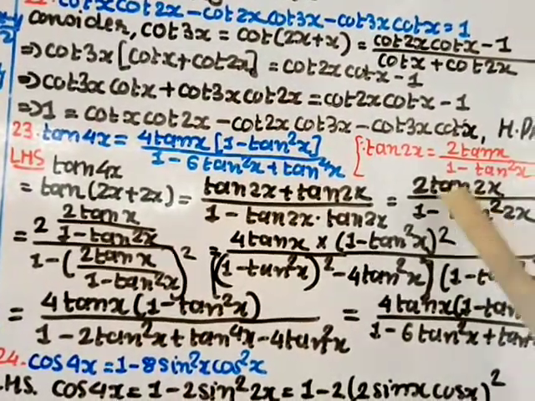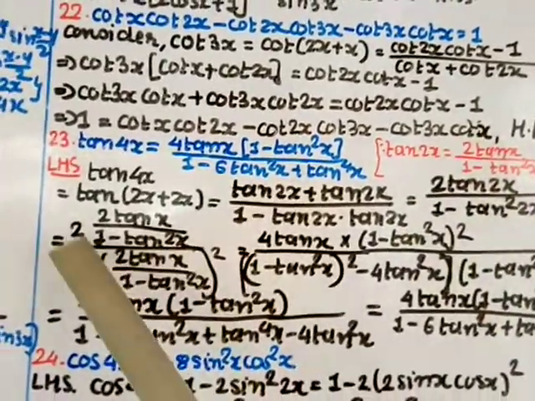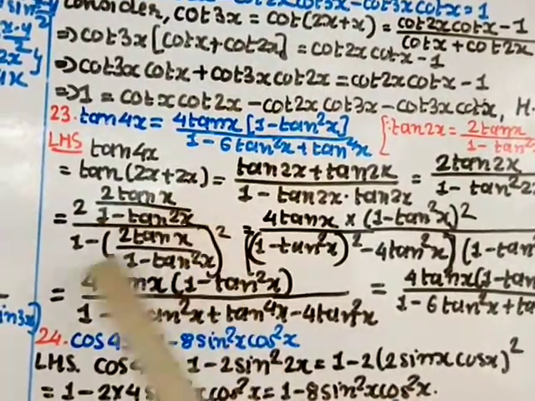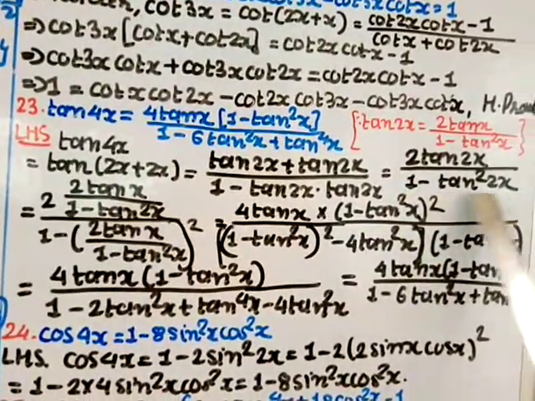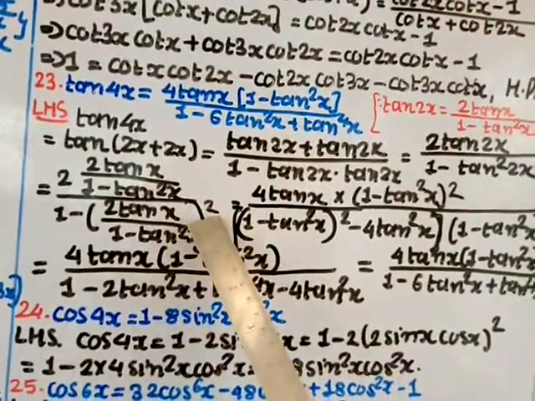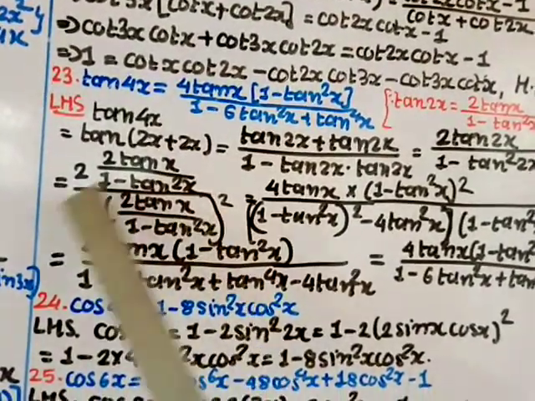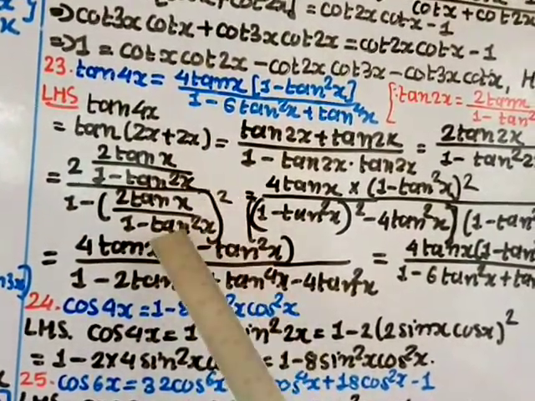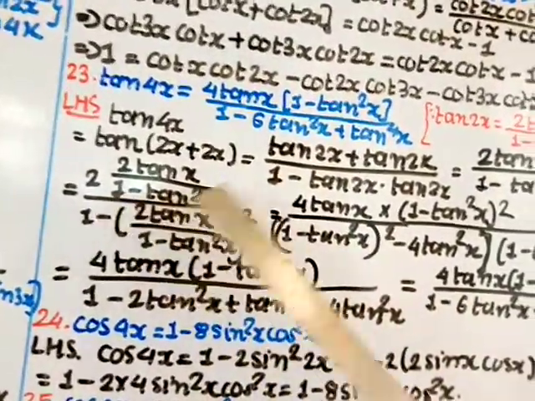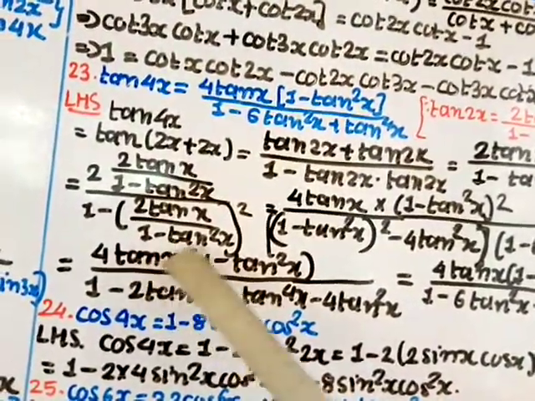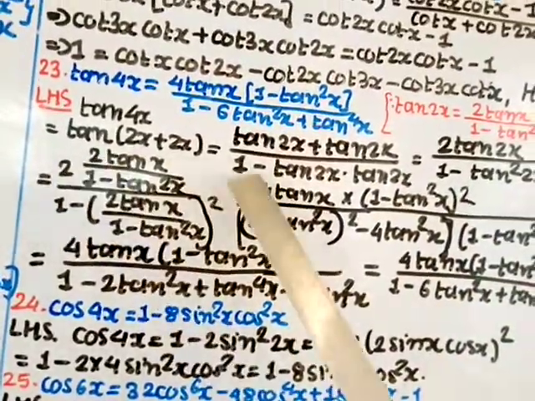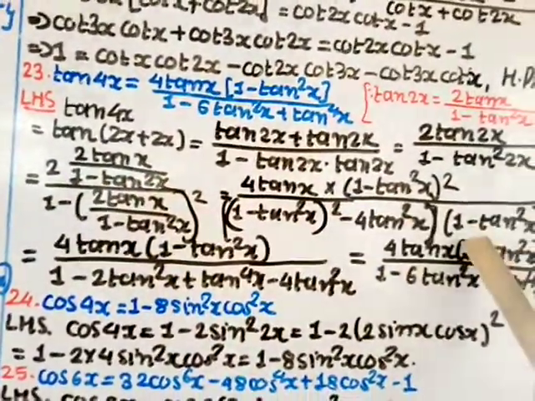Here when you put, the square is there, and here no square. So let us put here 2 times, this 2 is there, and this value 2 tan x by 1 minus tan square x, divided by 1 minus tan 2x squared, so 2 tan x divided by 1 minus tan square x whole square. Now I will take the LCM in the denominator, 1 minus tan square x whole square, and multiply it here, and that denominator goes into the numerator, and this numerator's denominator will come into the denominator. So 1 minus tan square x whole square I am taking here, and this is 2 into 2, 4 tan x, and 1 minus tan square x I am bringing to the denominator.